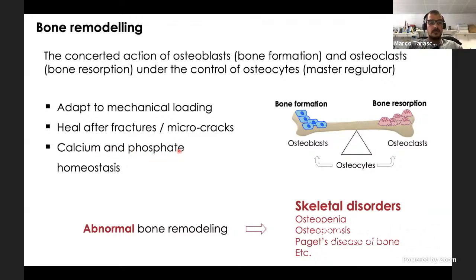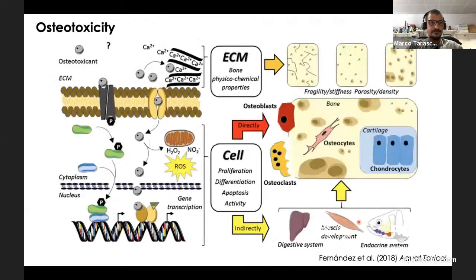Abnormal bone remodeling leads to several skeletal disorders, such as osteopenia, osteoporosis, and many others. Therefore, we consider any osteotoxicant, which can be pollutants, molecules, and so on.